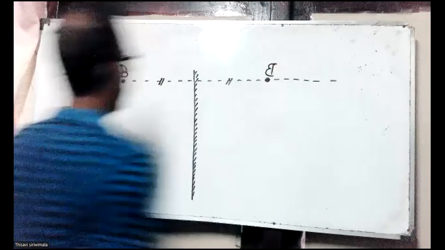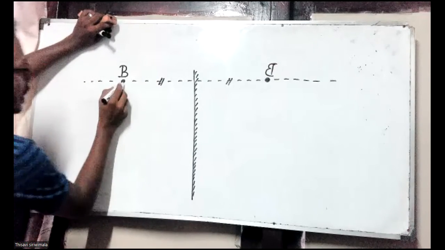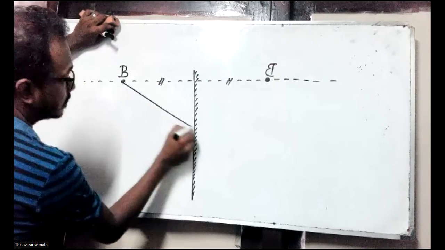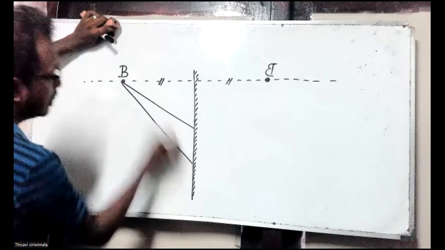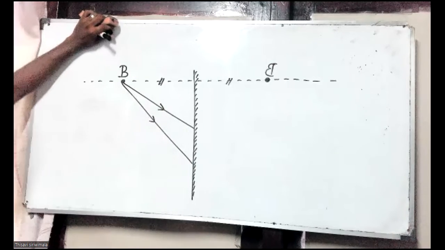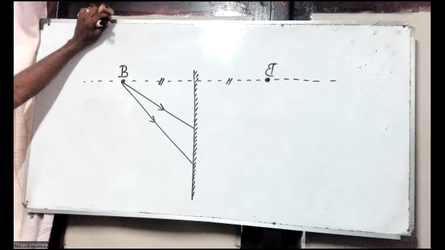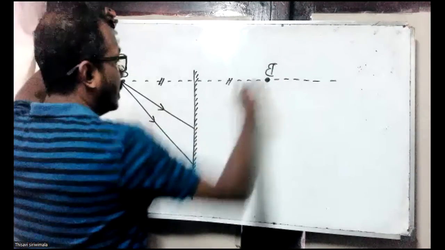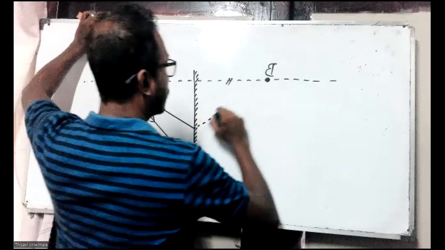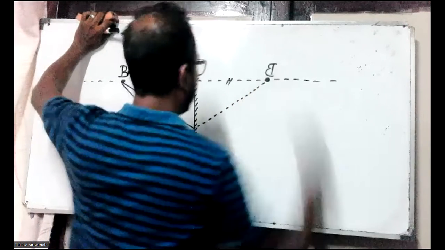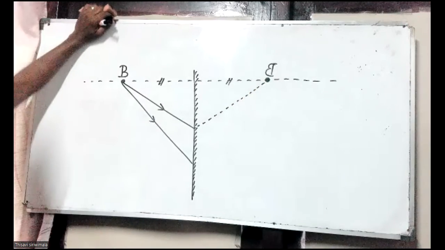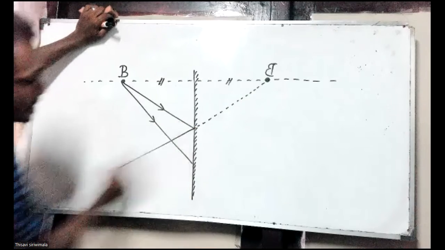Then I take two rays coming from the object, whatever the two rays. Then keep the ruler here and here, and merge it with a dotted line. Without lifting the ruler, extend the line.